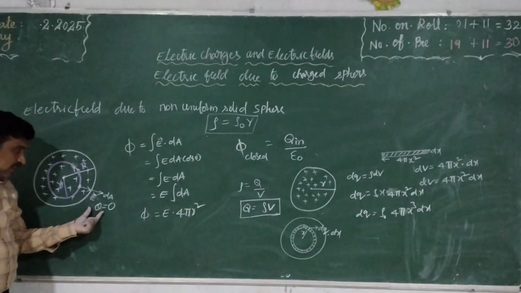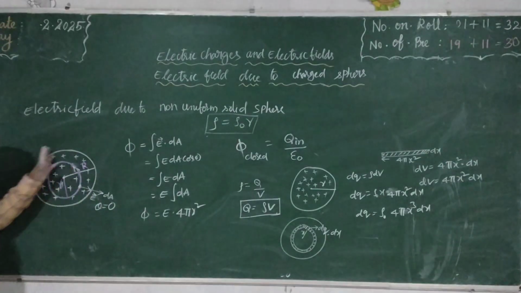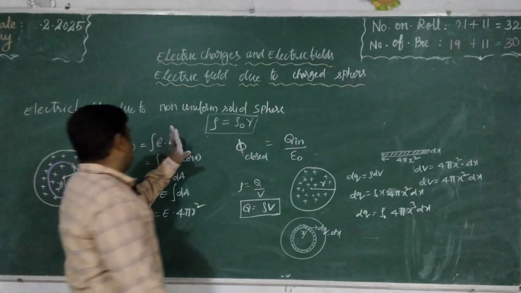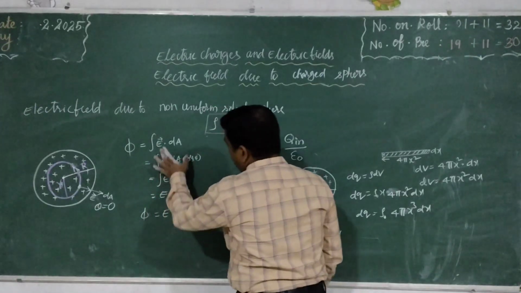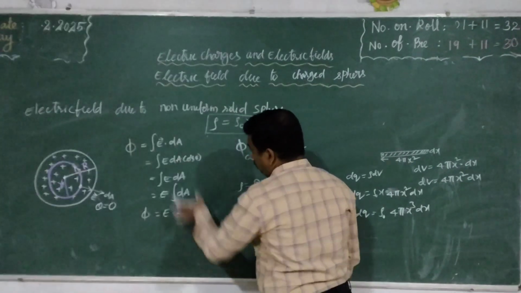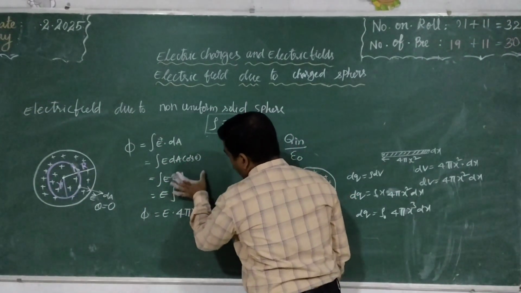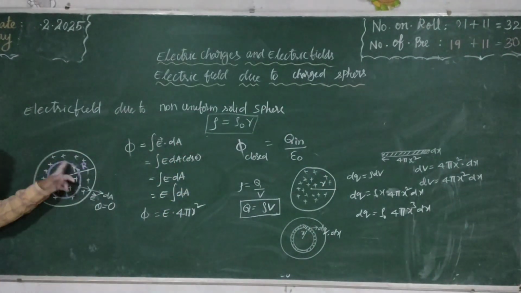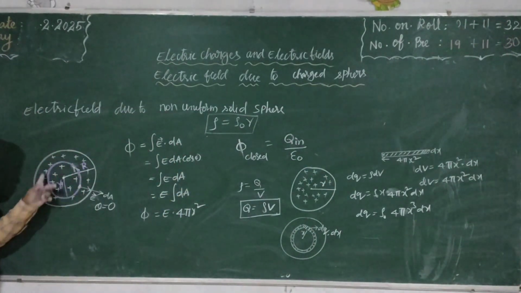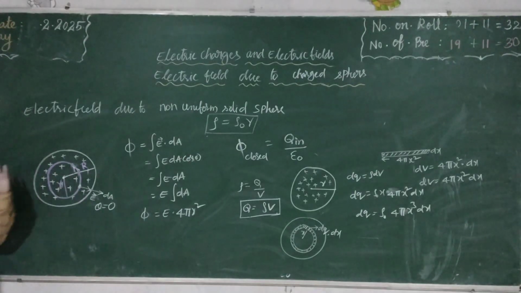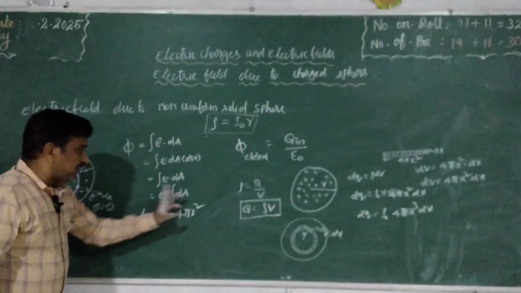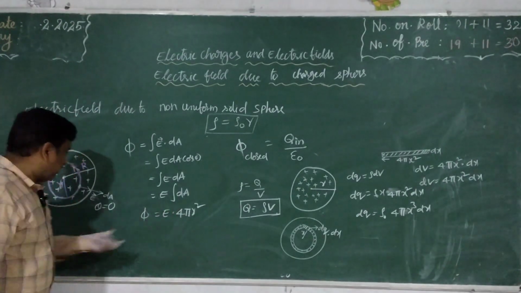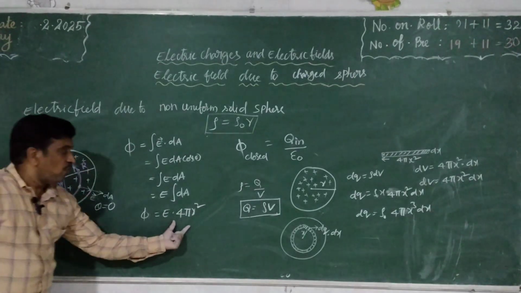Both are parallel, theta equals 0. In that case, total flux phi equals integral E dot dA, which is E dA cos 0, and cos 0 means 1. So E dA. E is outside the integral because the electric field is symmetric at every point on the Gaussian surface. That's why E integral dA, and A means the area of the Gaussian surface, which is 4 pi.